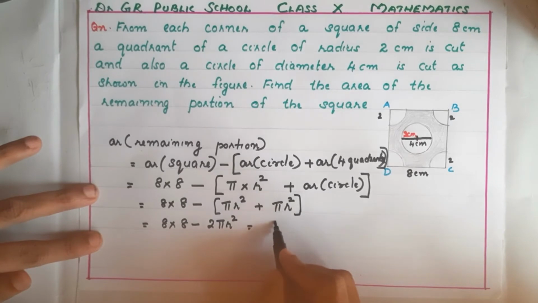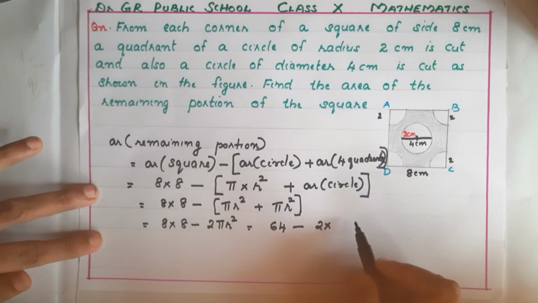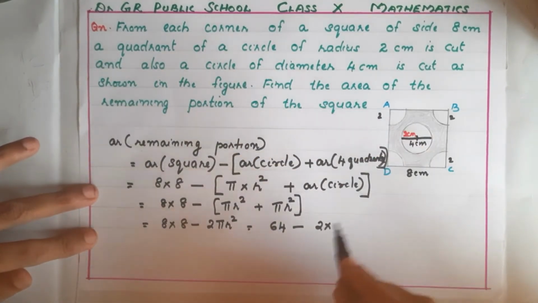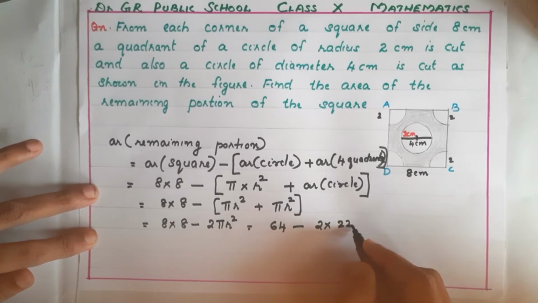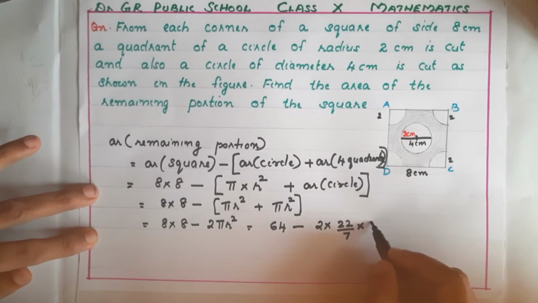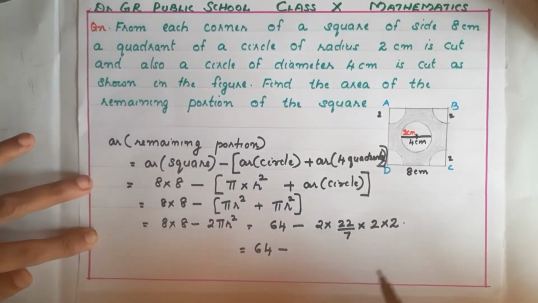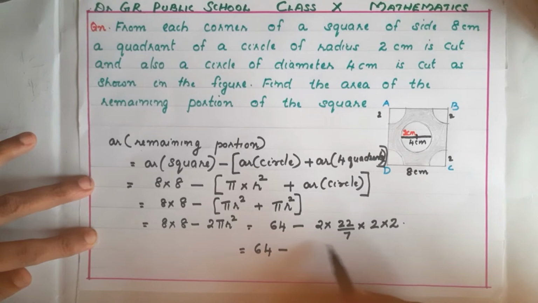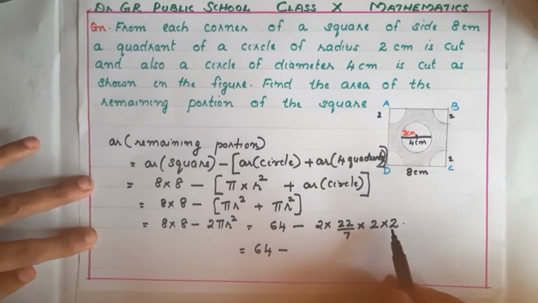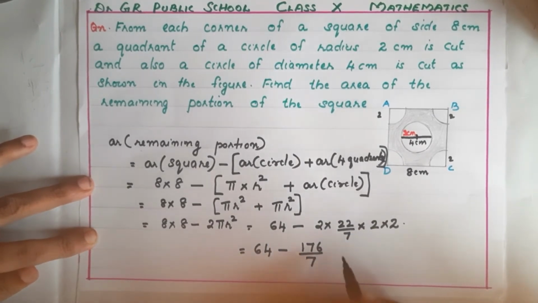So 8 into 8, 64, minus 2 into pi value. Nothing is mentioned here, so we can put 22 by 7 into r square, r is 2 centimeter, so 2 into 2. It is equal to 64 minus, can we cancel anything? No. So 2 into 22 into 2 into 2, it is 176 by 7.